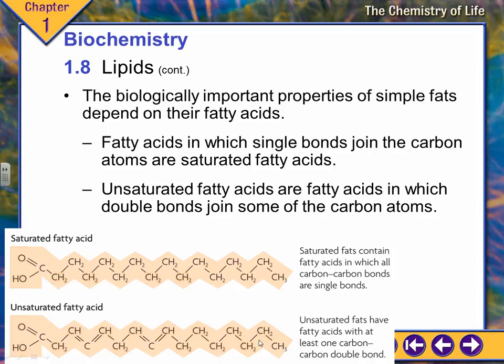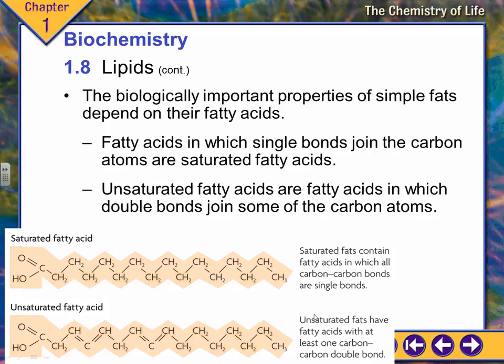Now, the model of this drawing is, again, not that good, because if those double bonds are going to pull it closer, you're going to get a kinked fatty acid. And we can also do that with our stick and models. We'll do that next time. Whereas the saturated, it means saturated. It's full. It can't hold any more hydrogens. You could break one of these double bonds down here, and that's called hydrogenated fats. We can make them be saturated.